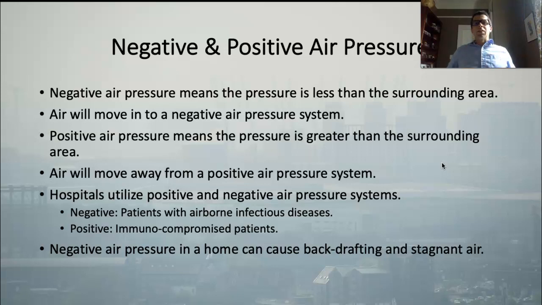We don't want anything to leave this room. If somebody is immunocompromised, we want them to be in a positive air pressure room because we don't want pathogens coming in and potentially infecting them when they don't have an immune system to fight it off. And like I already kind of said, negative air pressure can cause backdrafting, stagnant air, stuff like that.